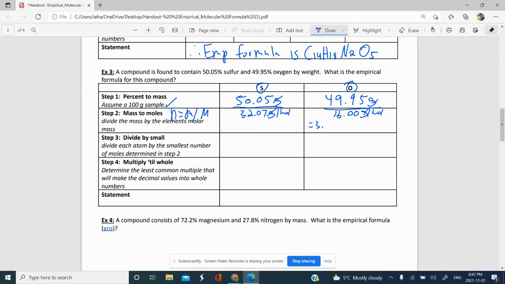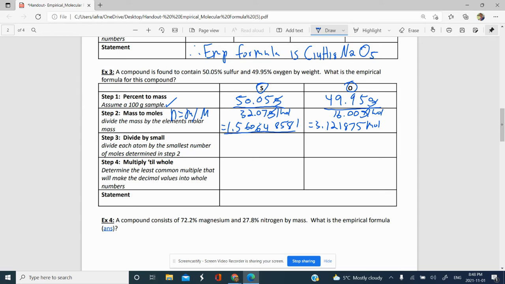Here we get 3.121875 moles. And here we get 50.05 divided by 32.07, 1.5606485881.